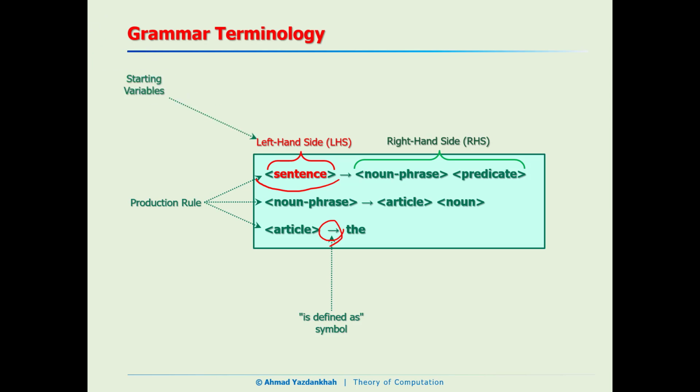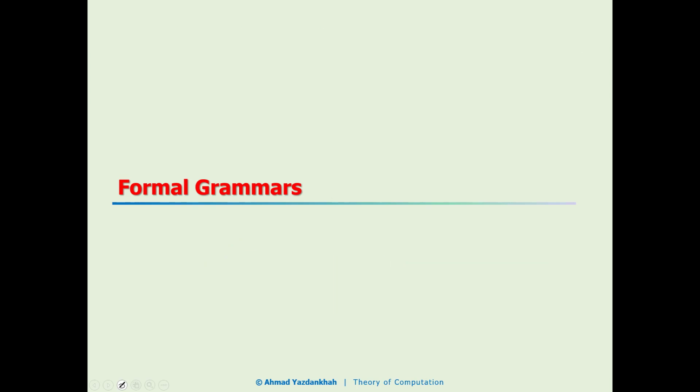And also we introduced a starting variable. Every grammar has a starting variable, and also regular variables. And also we talked about these values as the terminals. So these are all of the terms that we used in the previous slides.